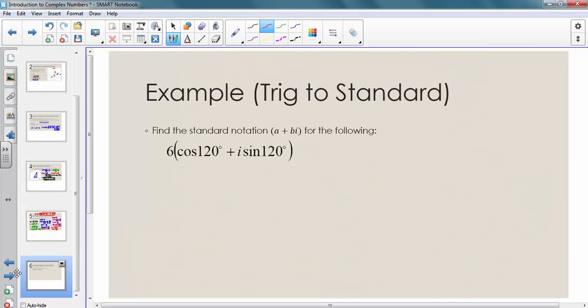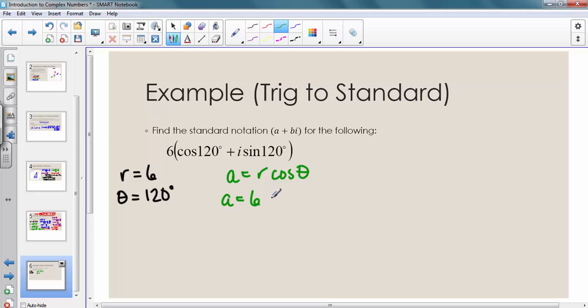All right, so looking at our last example, this time we're going to go the other way. We're given a complex number in trigonometric form, and we want to find the standard notation a plus bi. Here we're given r equals 6 and theta equals 120 degrees. We need to figure out what a is. Well, a equals r cosine theta.